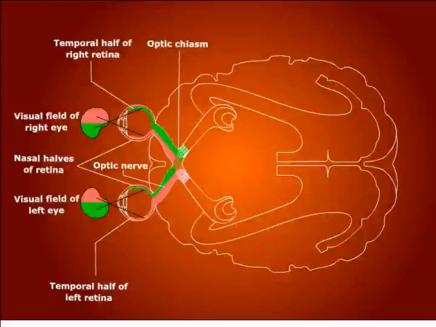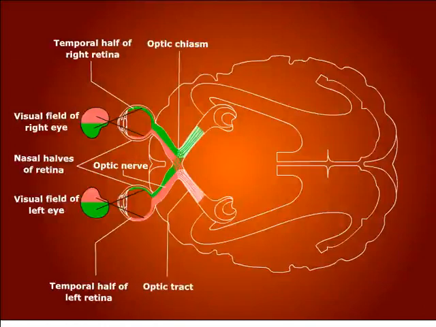This anatomic arrangement allows each hemisphere to receive visual information from the contralateral visual field. Therefore, the left hemisphere perceives images from the right visual field, while the right hemisphere perceives images from the left visual field.